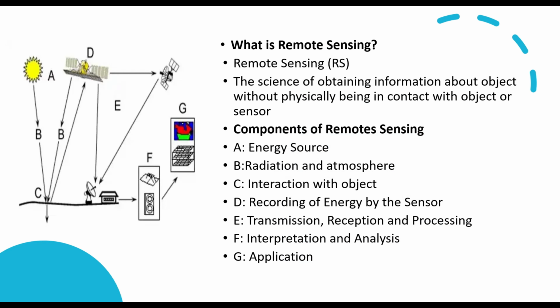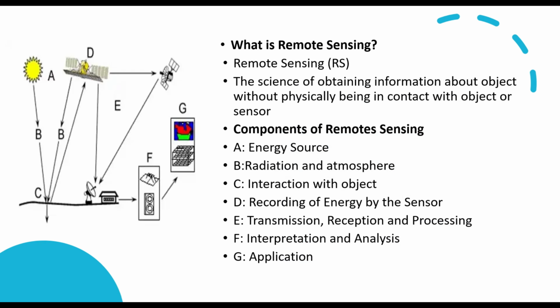For example, in this figure, A, the sun is the energy source, while B, it's emitting radiation through the atmosphere. These radiations interact with the objects present on the Earth.